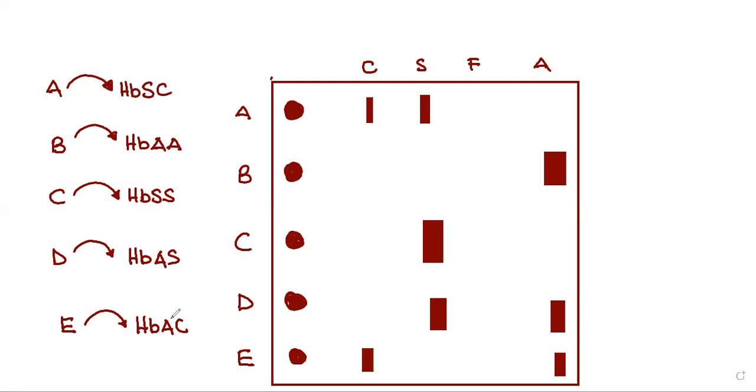Okay. Which of the patients has sickle cell anemia? Patient C. Which of the patients have sickle cell traits? Patient D. D and E. Okay.